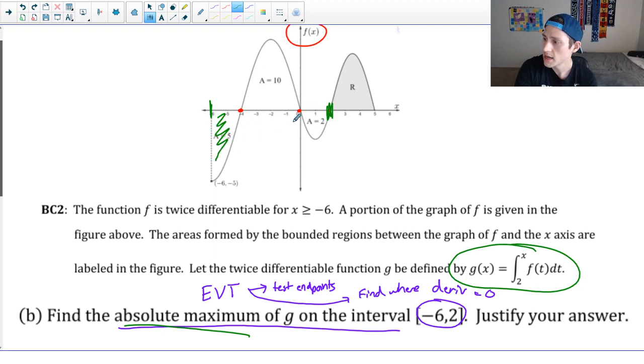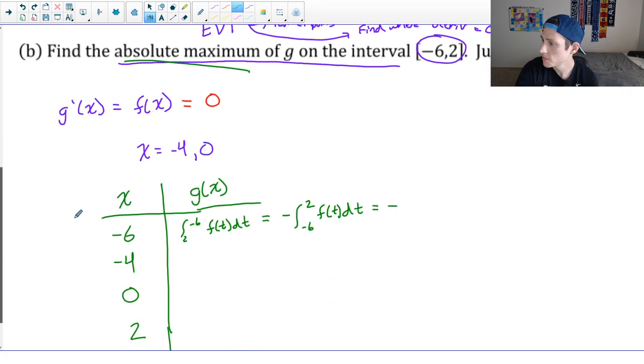Remember, area that's beneath the x-axis represents a negative area. So I've got -7 and then +10, because this area of 10 is above the x-axis. So +10, -7, that would be 3.